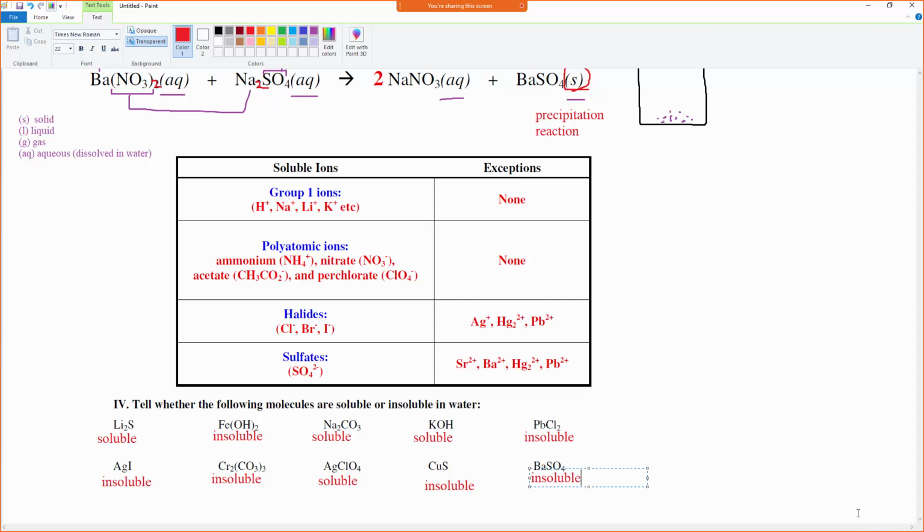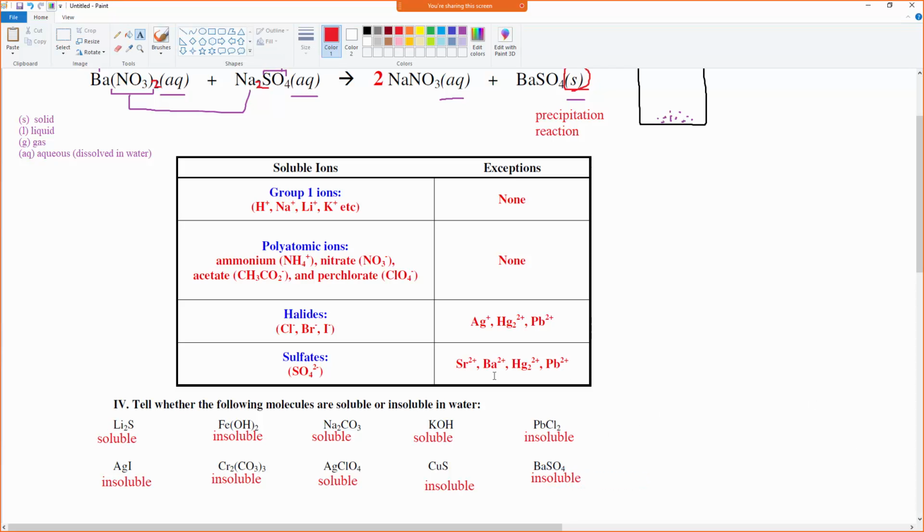Why is barium sulfate not soluble? Because barium is a specific exception to the sulfate. Oh, I skipped. Why is the copper sulfide not soluble? Neither of those are on the table. Good. All right. Do you feel like you've got a pretty good understanding of what this is like?